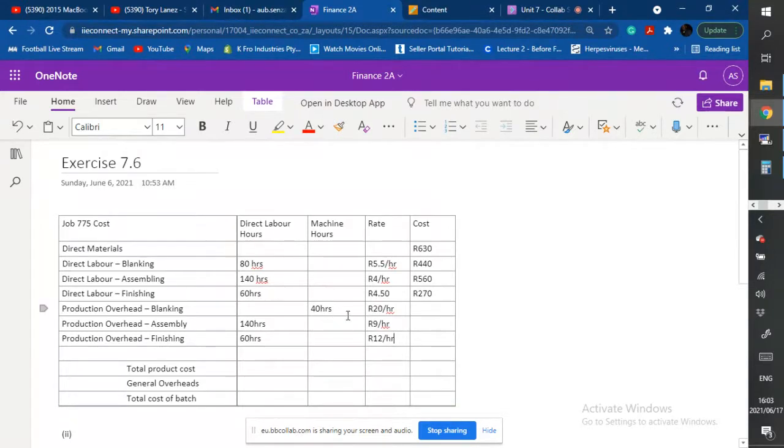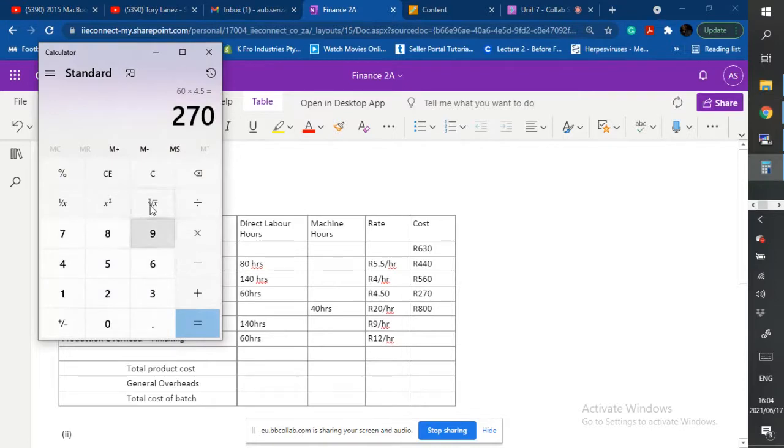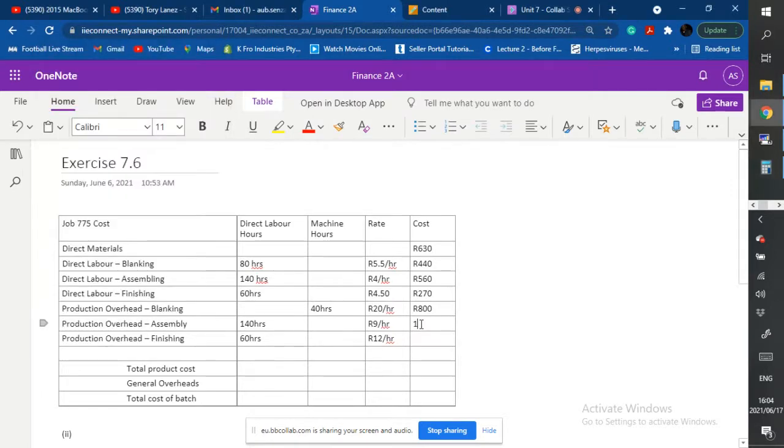So then 20, quickly you can say this is 80, 2 zeros, this is going to be 800. Hope I'm correct. Right, then 9 times 140, I'm not about to try to do that in my head. Let's quickly see. What do we get? Equals 1,260.